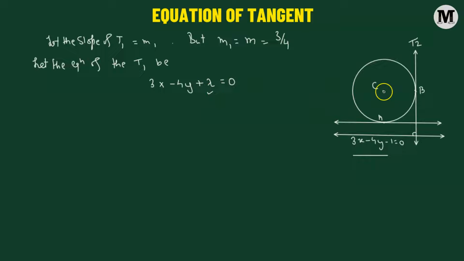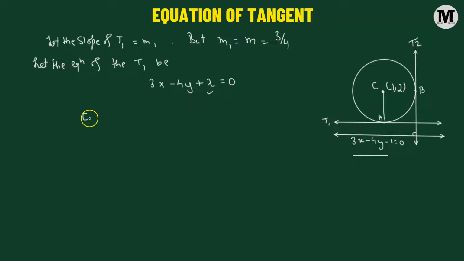All we have to do is join point C and point A. We have already obtained the coordinates of point C, so that's 1 comma 2. Now what is the distance CA? CA is nothing but the distance of the point C, 1 comma 2, from the straight line, the equation 3x minus 4y plus lambda. That's the equation of the tangent line T1.